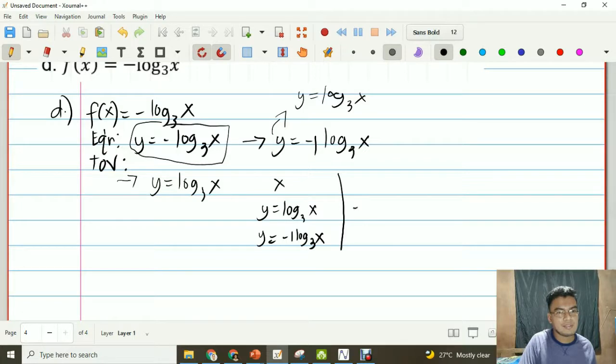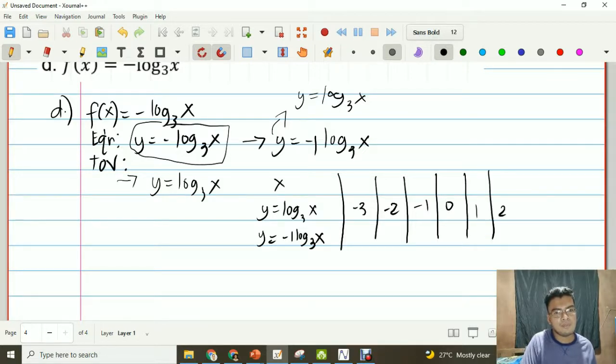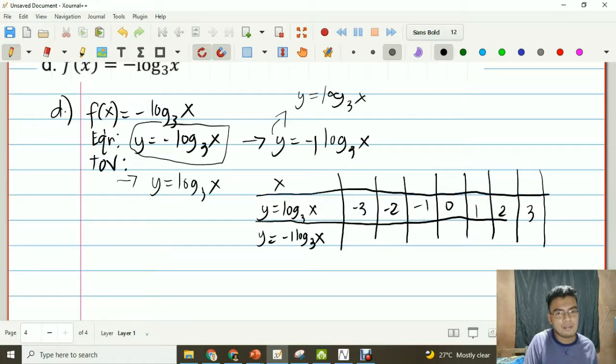So this will be negative 3, negative 2, negative 1, 0, 1, 2, and 3. So nakuha na natin kanina yung mga x values ng ating logarithmic function na y is equal to log base 3 of x.